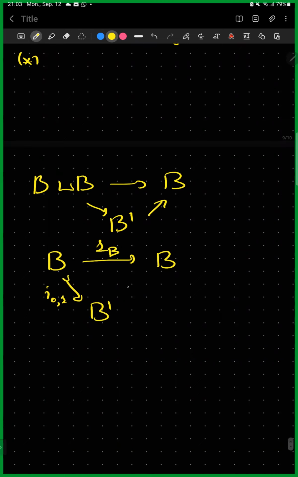This is a cofibration. And since this is a weak equivalence and the identity map is also a weak equivalence, I0 and I1 are both weak equivalences.